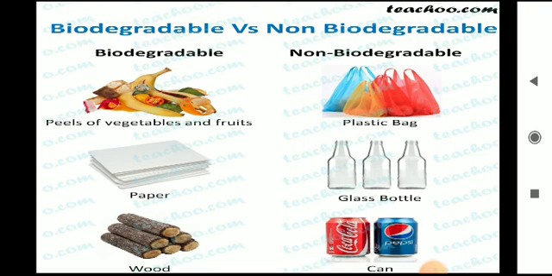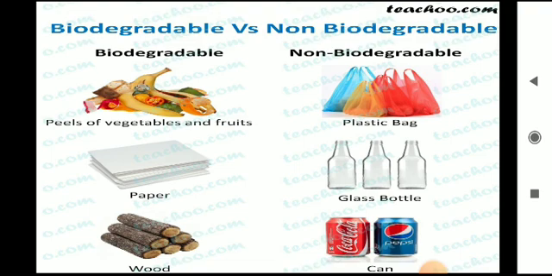These non-biodegradable wastes cannot be changed into simpler substances by natural organisms, as we are using earthworms in vermicomposting, right? So earthworms are what? These are natural organisms. Okay? And they are capable of decomposing only biodegradable waste. But they can't break down non-biodegradable waste into simpler substances.